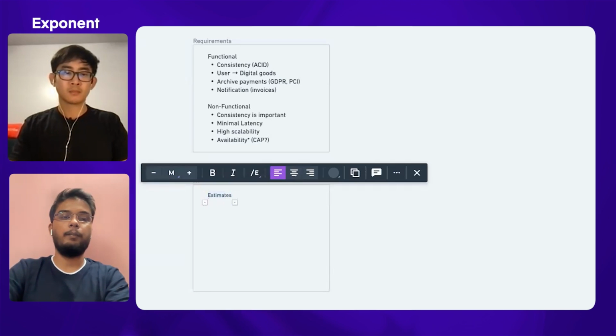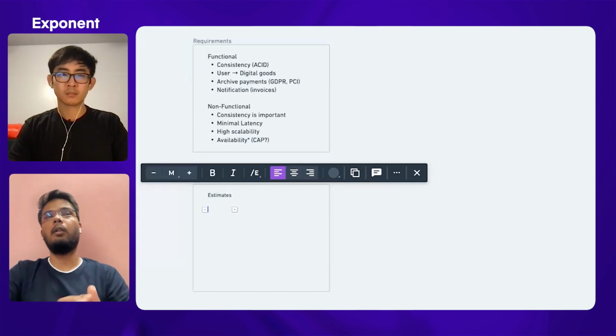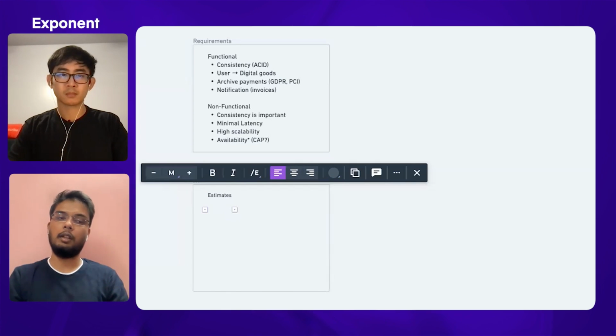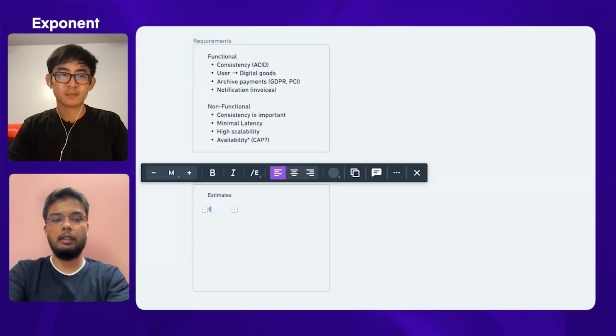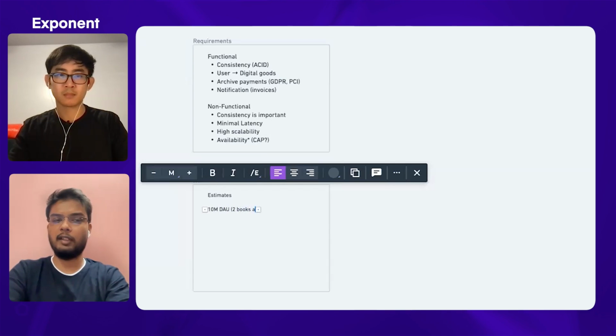Okay, so I'm going to start with, let's say, how many daily active users do you think our system will have? 10 million, 50 million? Sure, let's say tens of millions. Okay, we have 10 million daily active users, and maybe they buy on average 2 books a day.